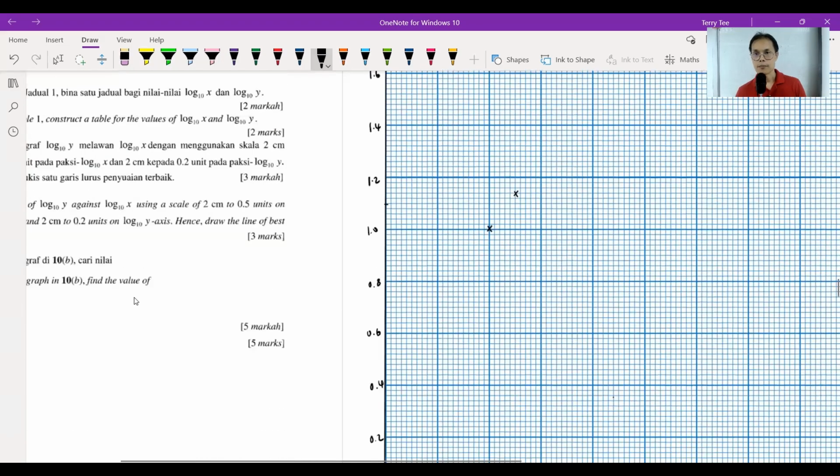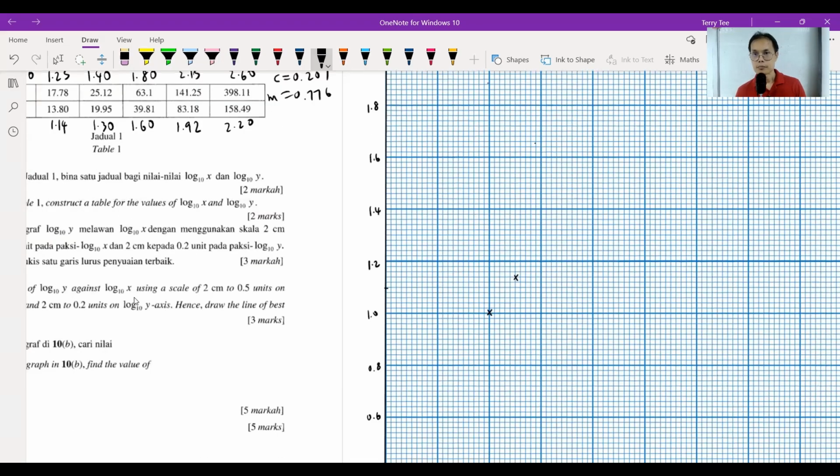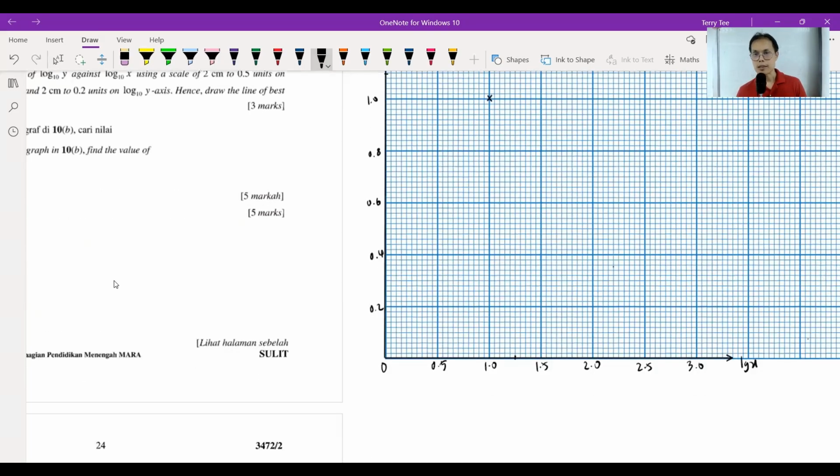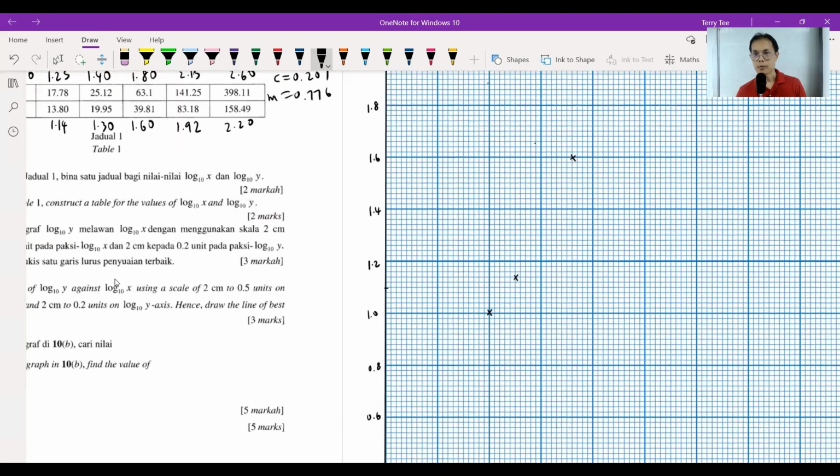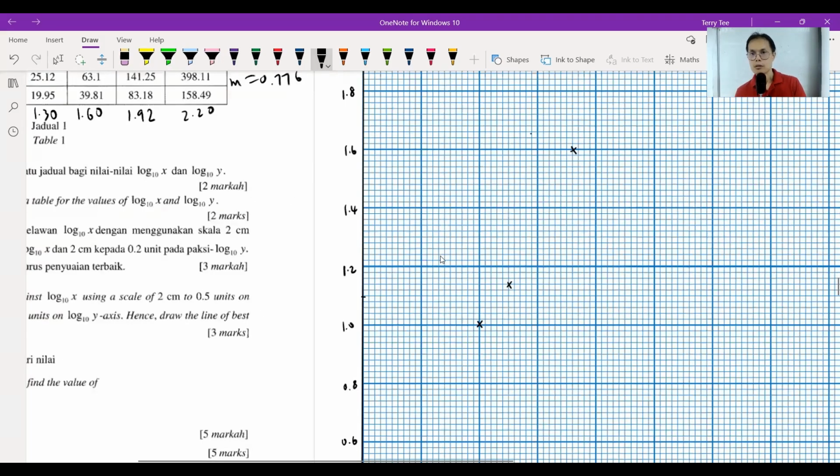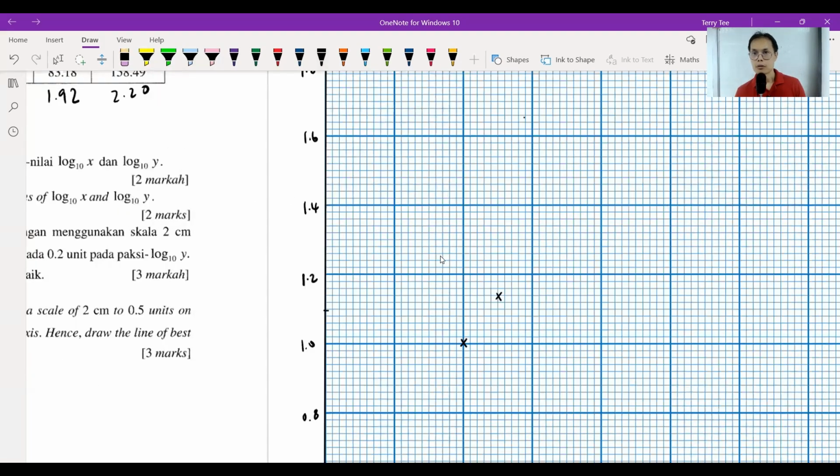1.8, 1.6, not exactly a nice point though. Maybe I plot it here. 1.8, 1.6.